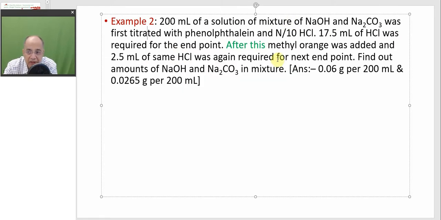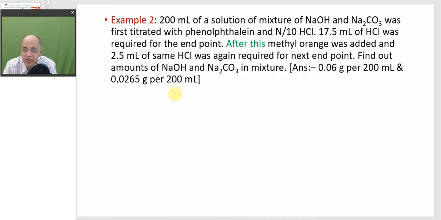After this, methyl orange was added to the same analyte and 2.5 milliliter of the same HCl was required again for the next endpoint. Find out the amounts of NaOH and Na2CO3 in the mixture. In the mixture means in 200 ml, how much of sodium hydroxide and sodium carbonate was there, right? So this is also equally easy. Let us solve it.